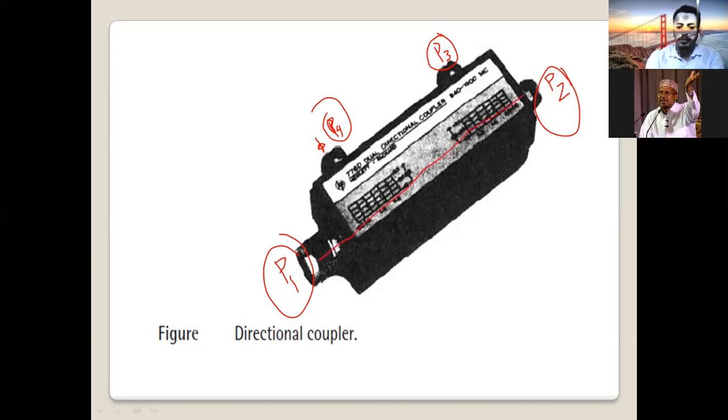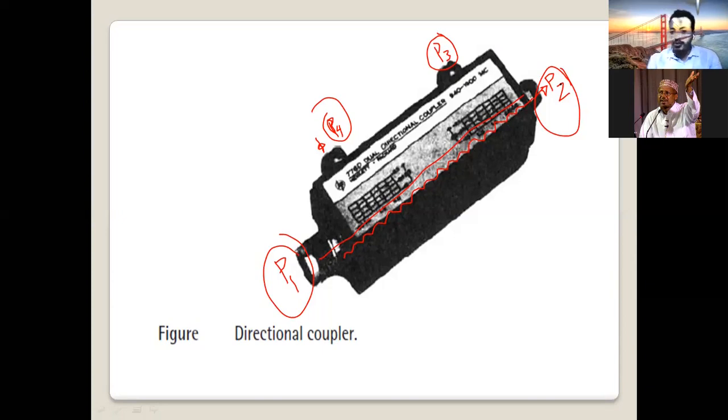If you apply a signal at port 1, which is always the input port, the signal will be transmitted directly through this device from port 1 to port 2, and you will get it here as output. Okay, it is transmitted directly from P1 to P2. But it's not only this. Not all the signal is transmitted directly to port 2, the direct port.